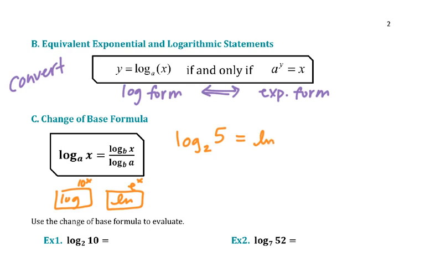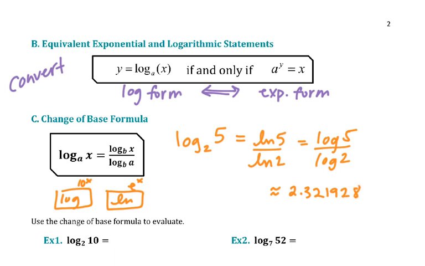So the two ways I could type this into my calculator, natural log 5 over natural log 2, or common log 5 over common log 2. Those would give me both the exact same value. And that value, when we type it into our calculator, we get approximately 2.321928. You round wherever you want.